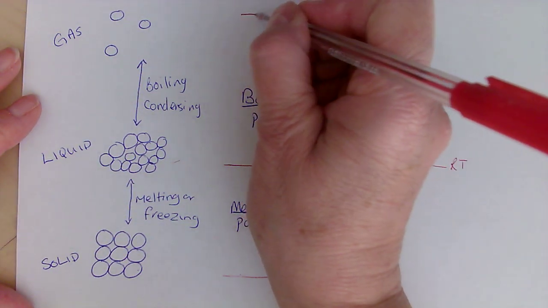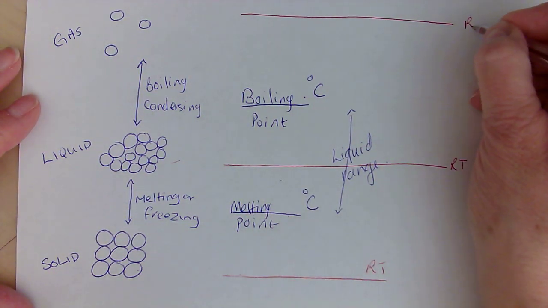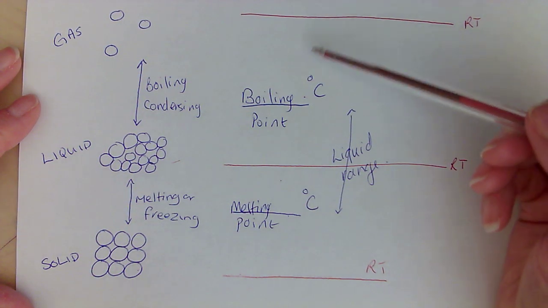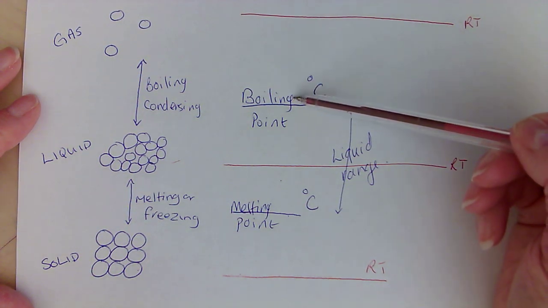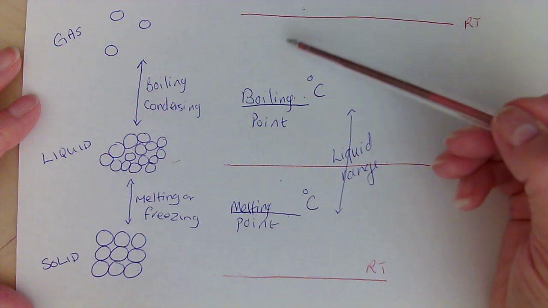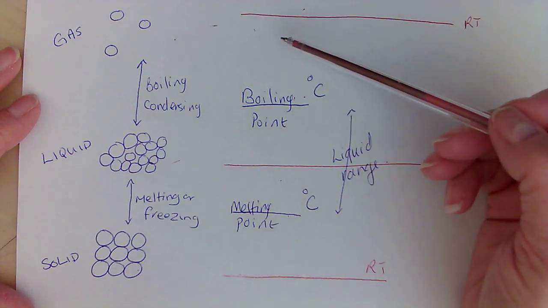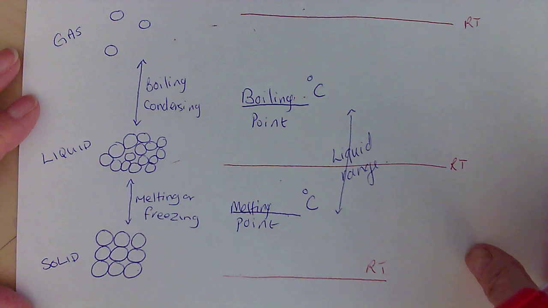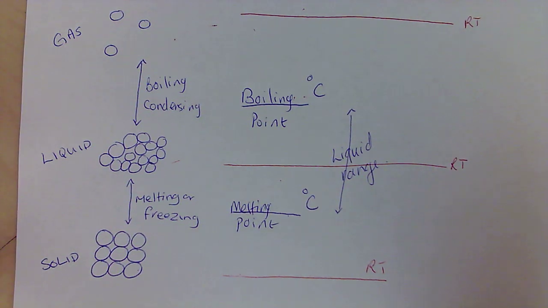But what would happen if our room temperature was up here? Well, our substance has already boiled, so at room temperature it would be in the gas state. Okay, so hopefully that will give you a little bit of a clue to question 1.